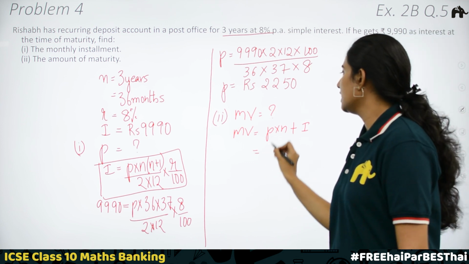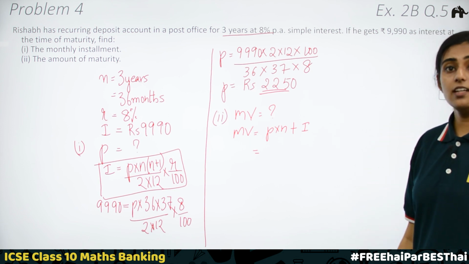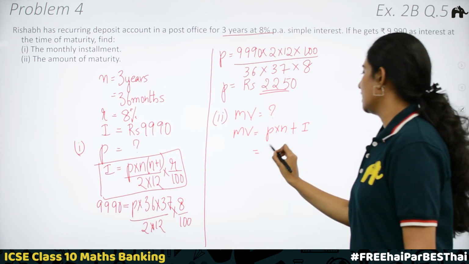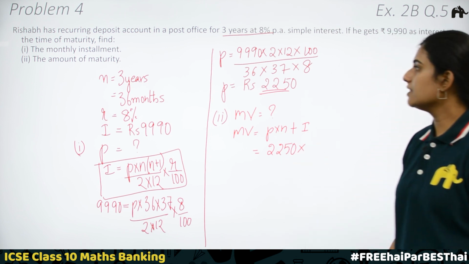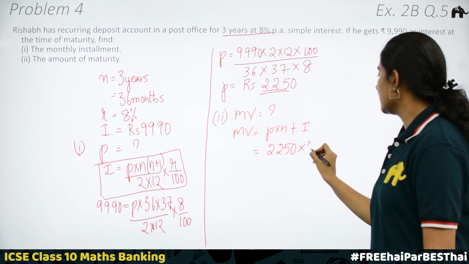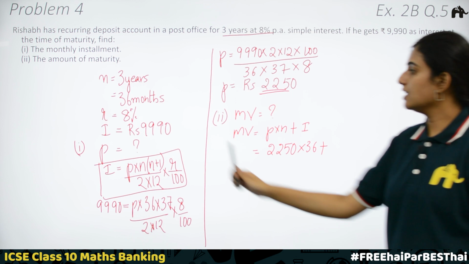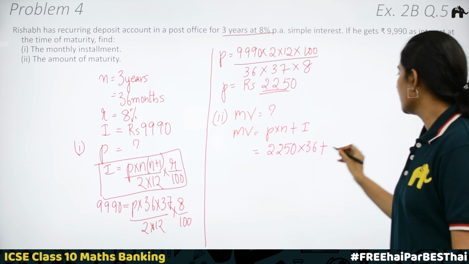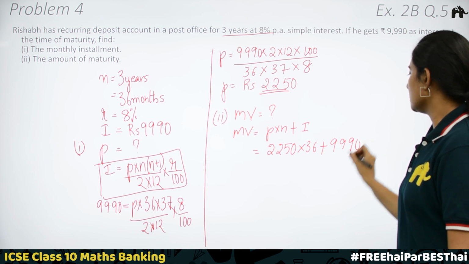We determined P, that is 2250, into N, which is 36, plus I. I is already given in the question: 9990.